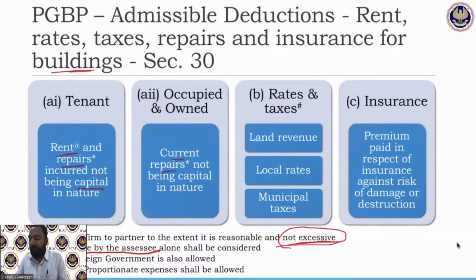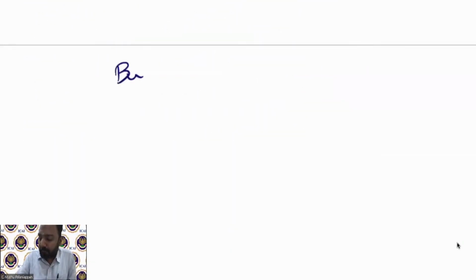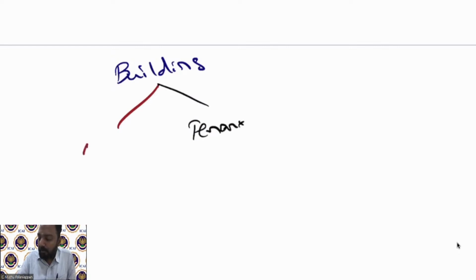So as we said, there could be two types of property. When you say a building, you could be a tenant, or you could be an owner. Correct? When you say tenant, rent and repair.